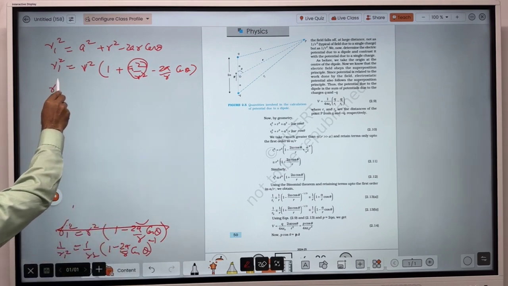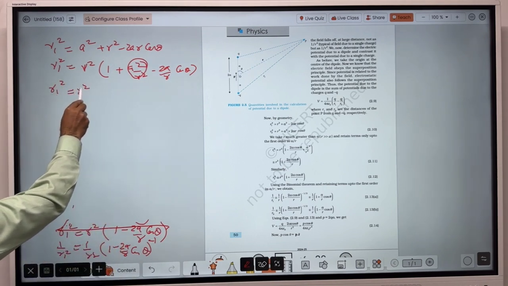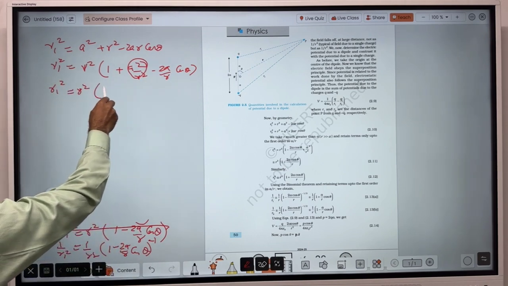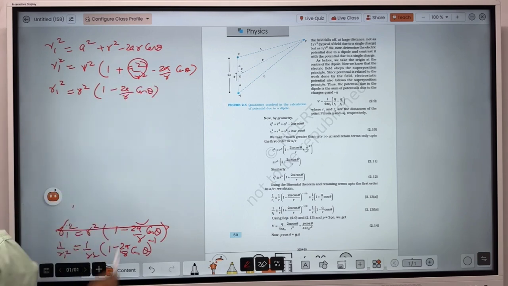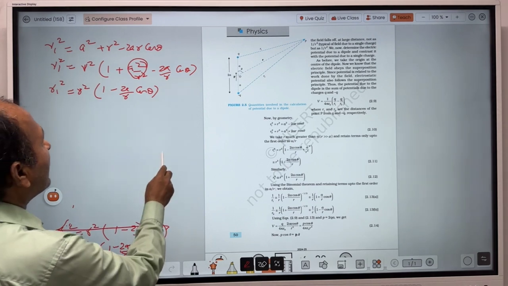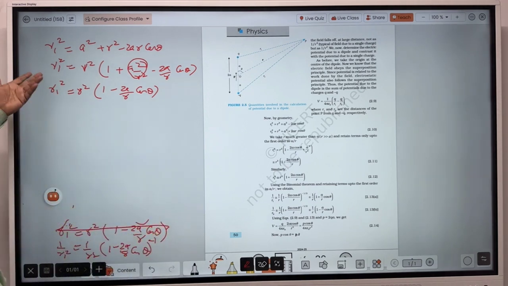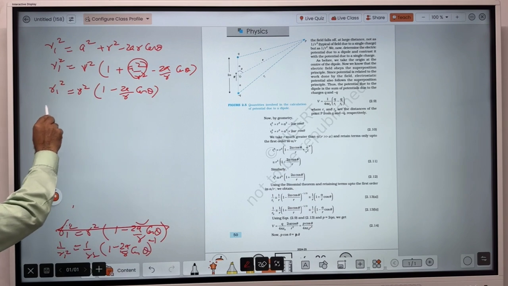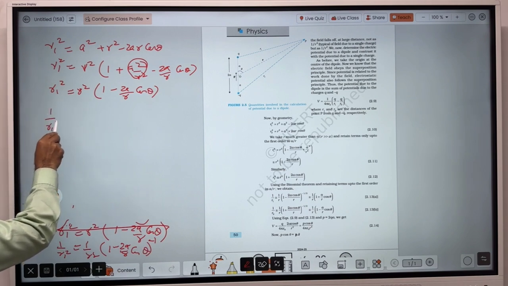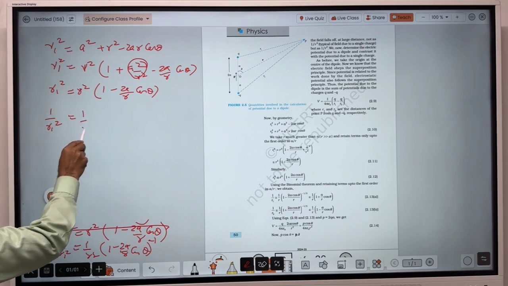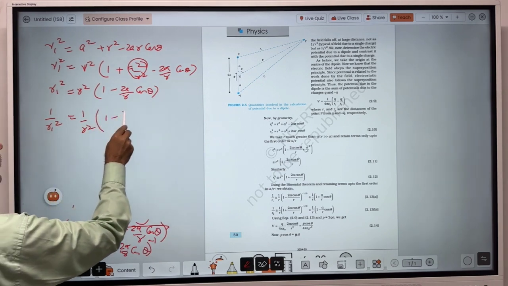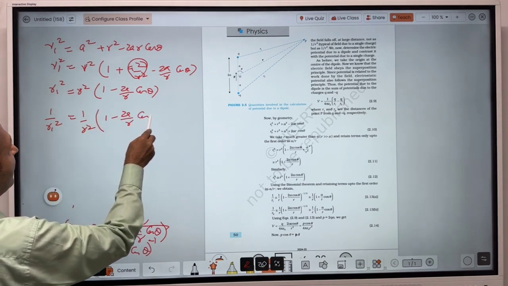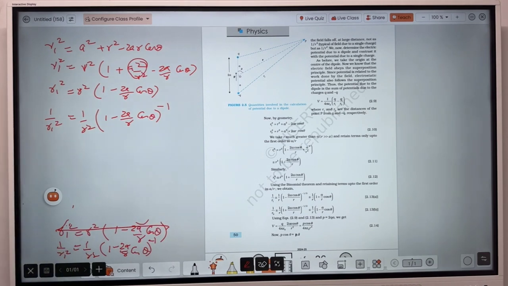So we get r1 square equal to r square times 1 minus 2a upon r times cos theta. But in our question we need 1 upon r1. So just do inversion. So 1 upon r1 square equal to 1 upon r square, and here you can write 1 minus 2a upon r cos theta whole power minus 1.